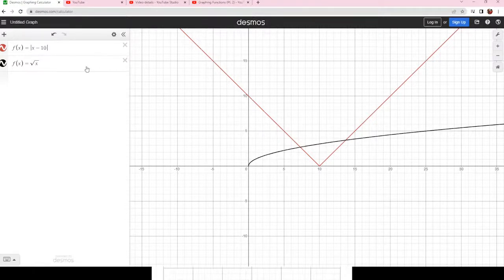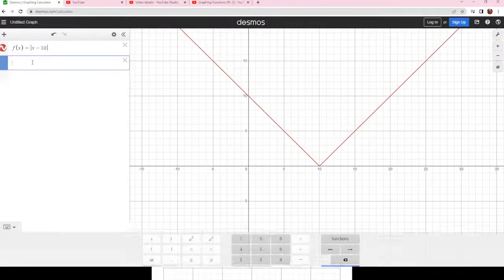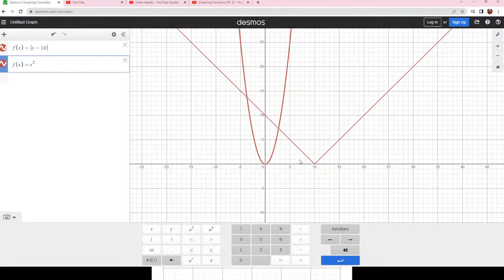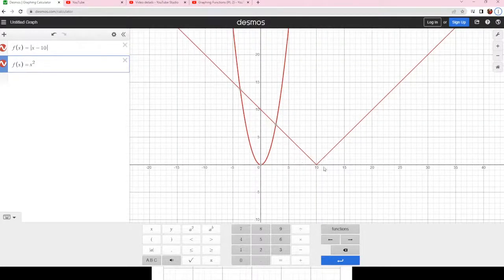This graph right here, the absolute value graph, will look very similar to another graph, your x squared. It'll look similar, but notice the difference between the two. Absolute values always make a V shape, okay?